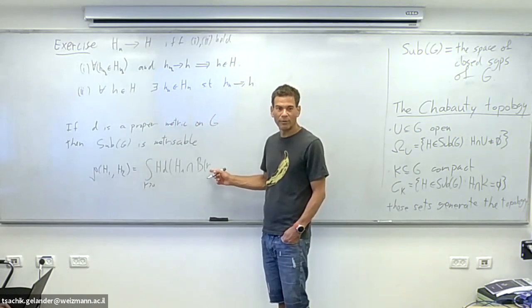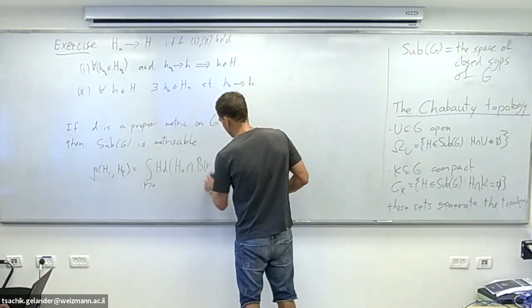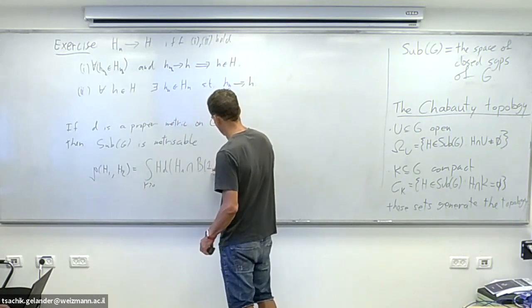The point. So the ball of radius R around the identity.